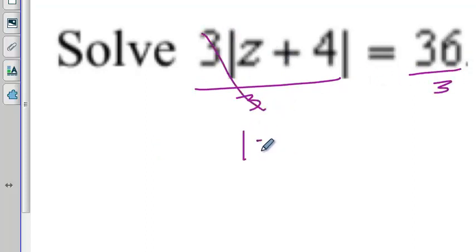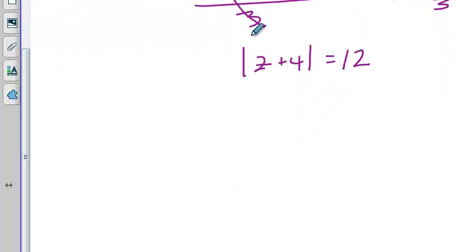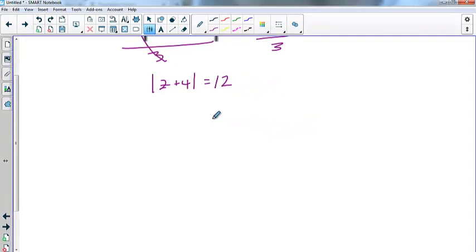So I have the absolute value of z plus 4 equals 12. Okay, so what do I need to do at this point? I do need to get z by itself, but before I do that, I can't just drop the bars. I have to do something when I drop them.